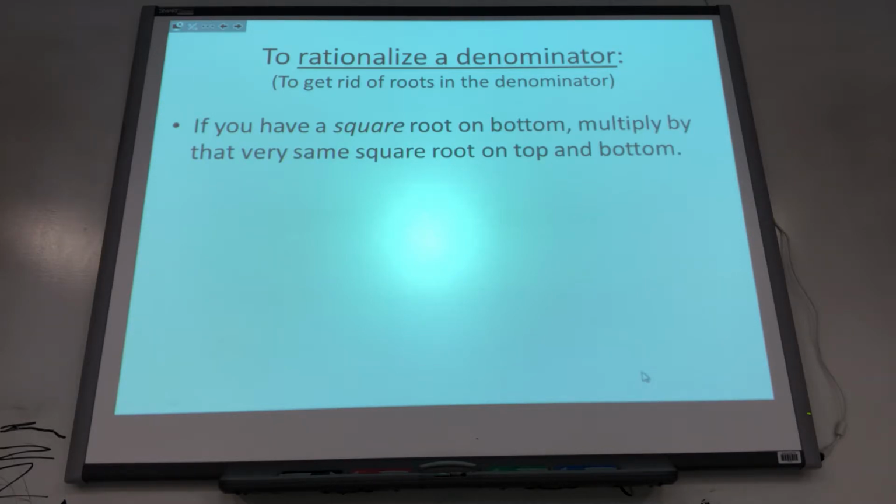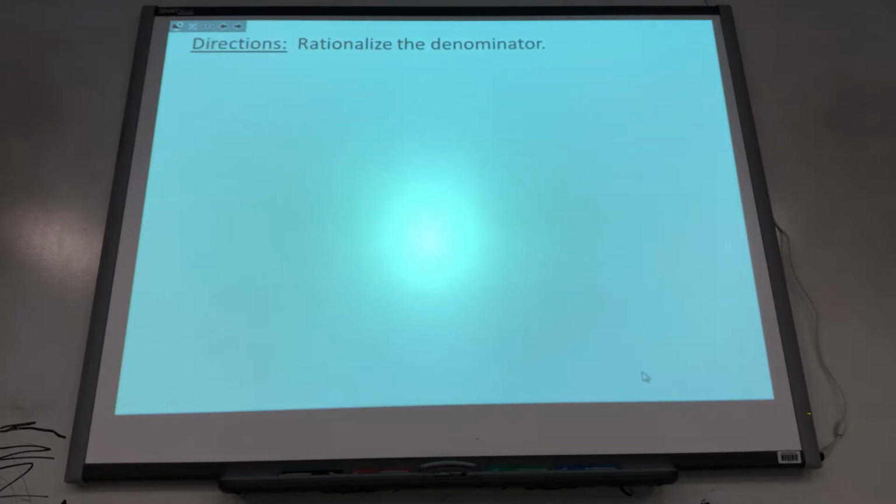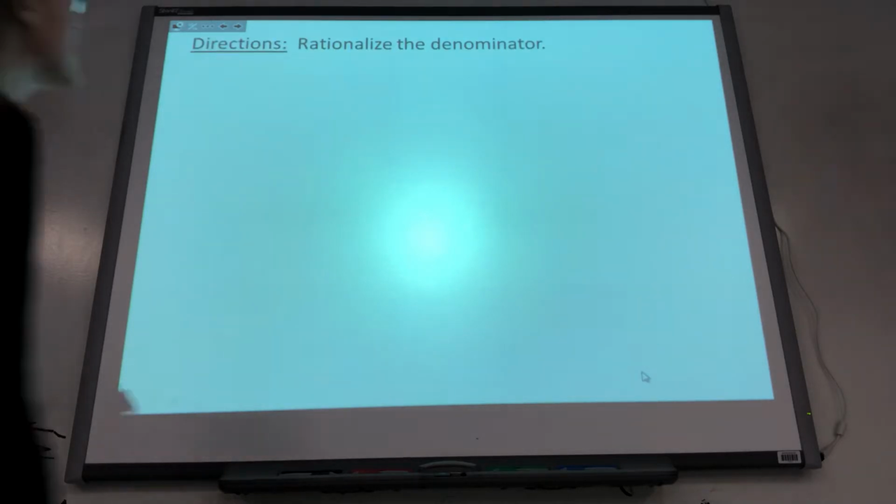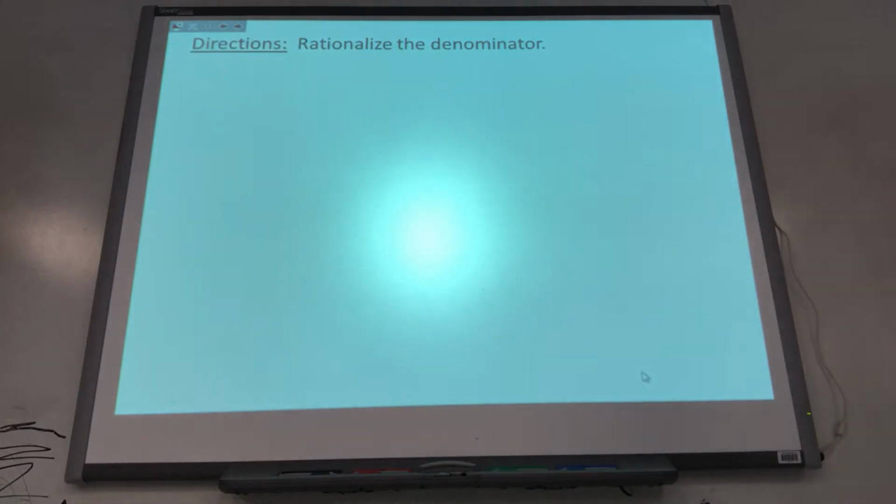All right, well, let's try one. This should be our last example from section 6.2. It says in the directions to just rationalize the denominator.